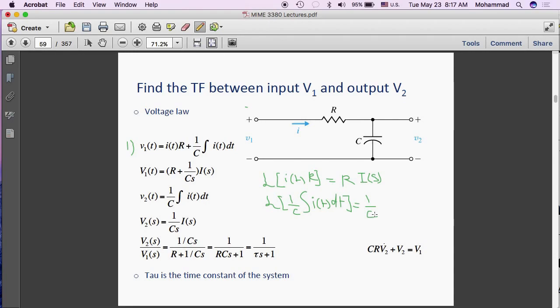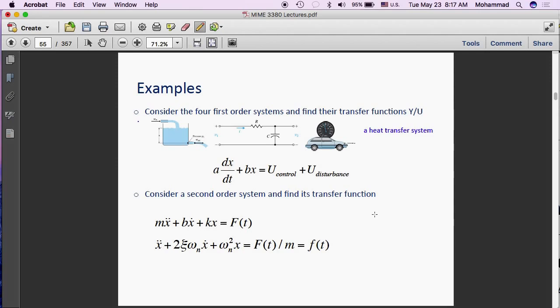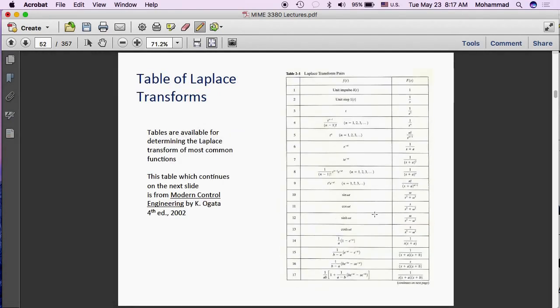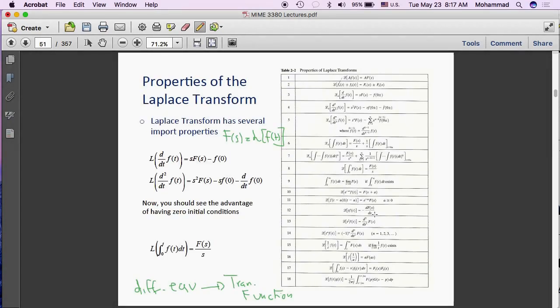You may need to go back a few pages in your notes, if you're taking notes. If not, I can do that for you. I can roll back a few slides and show you the main properties of the Laplace transform.